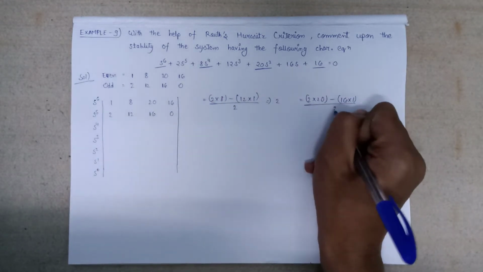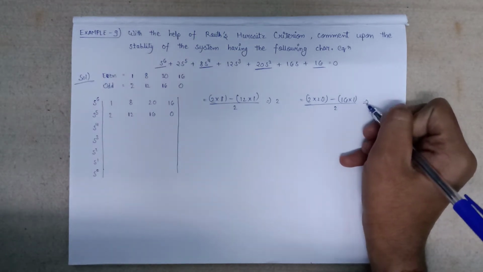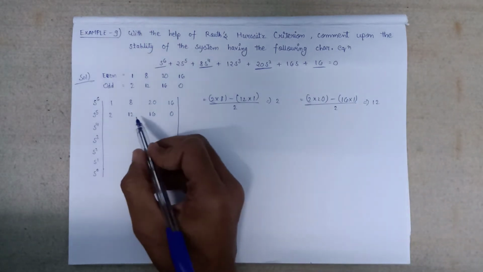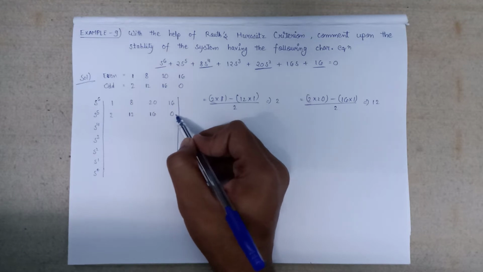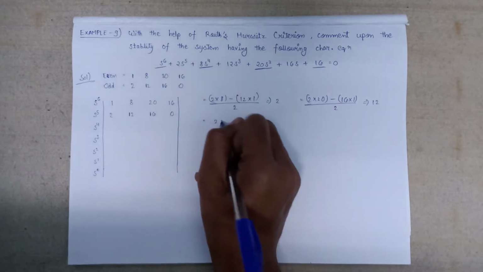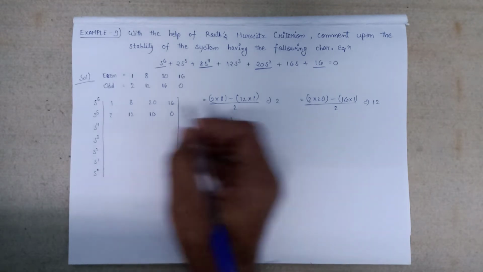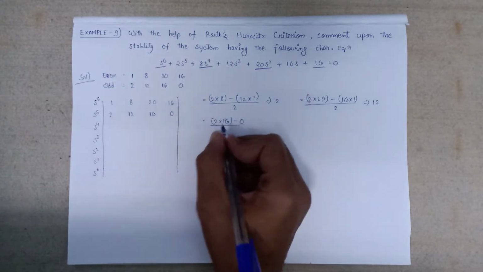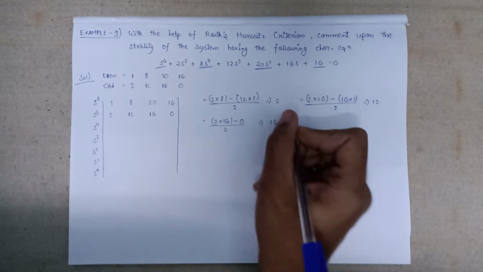So we get 12. After that we take 1, 2, 16 and 0: 2 multiplied with 16 minus 0 multiplied with 1, divided by 2. So we get 16.